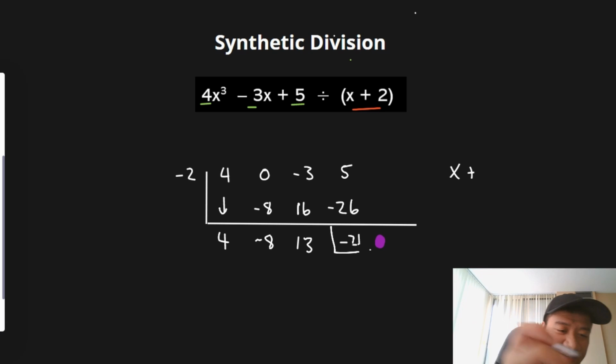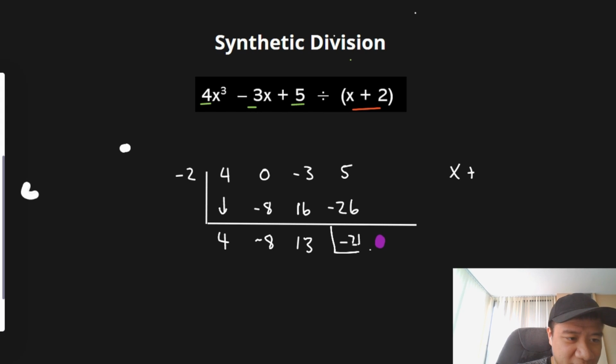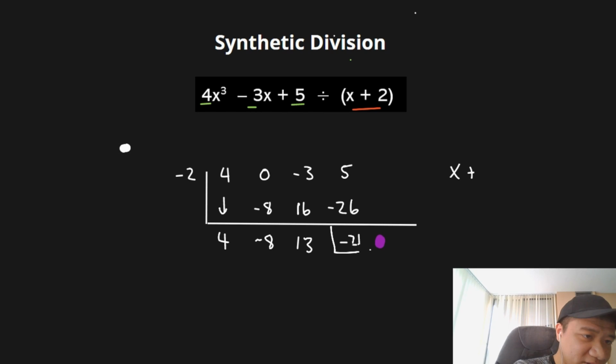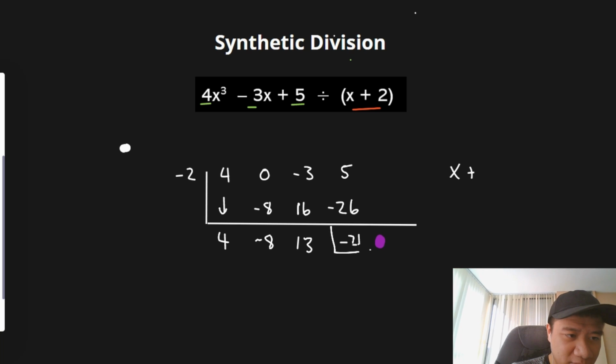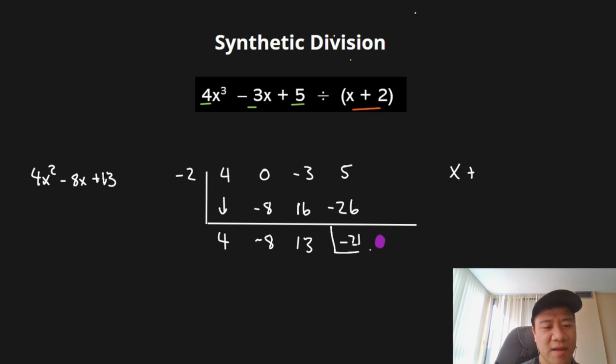So we write 4x squared minus 8x plus 13. There we go.